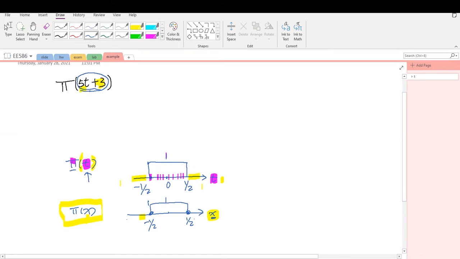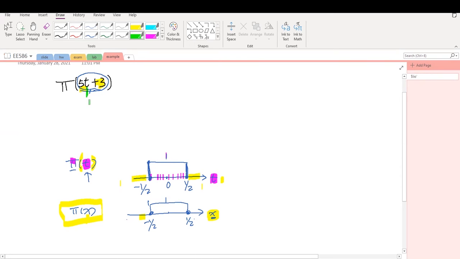When this argument equals minus a half, there's a change in the value of the function from 0 to 1. When the argument equals half, this is a critical turning point where the function will change.